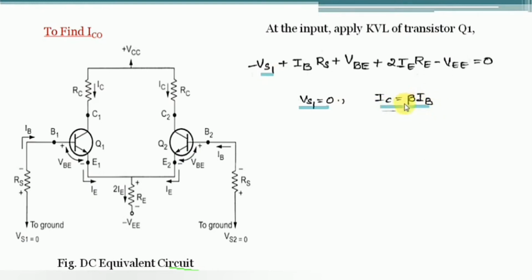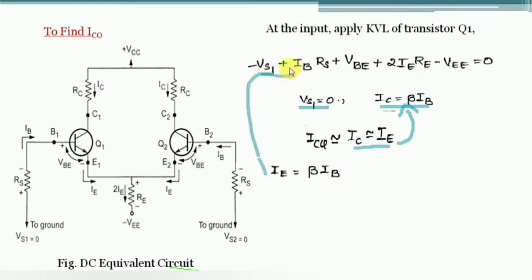Since the gain of the transistors is very high, we can write the collector current IC is approximately equal to IE. Now simply substitute this IE in the equation, then we get IE as beta into IB. Wherever the IE value is there, simply substitute it as beta into IB.